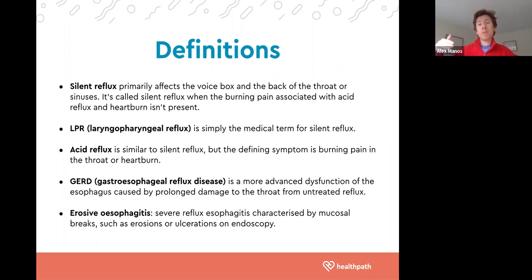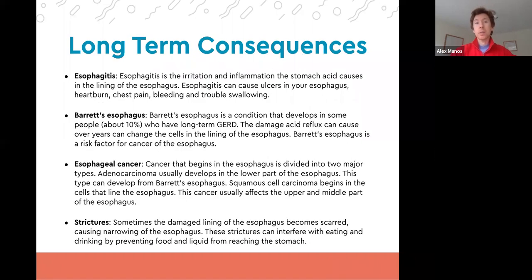So that's more end stage, a long-term consequence potentially of GERD. We've mentioned esophagitis as inflammation and irritation of the esophagus as a result of this acid coming out of the stomach and into the esophagus.